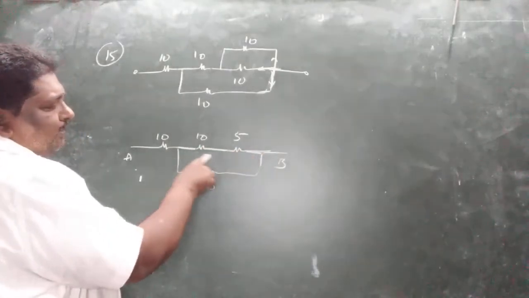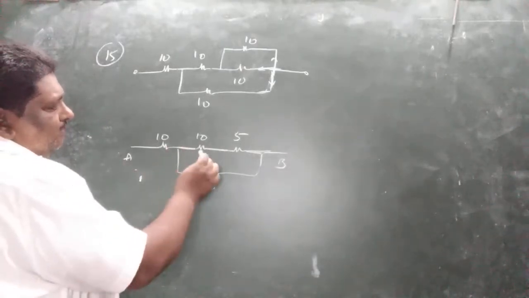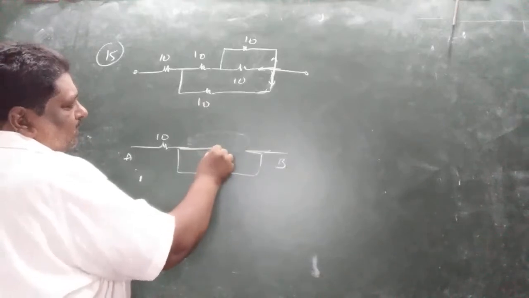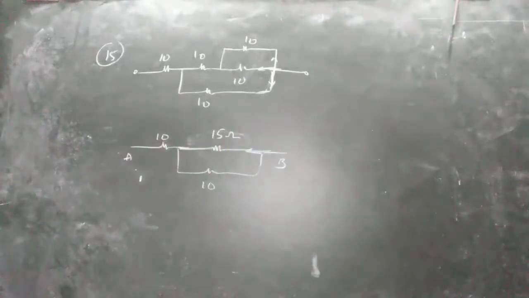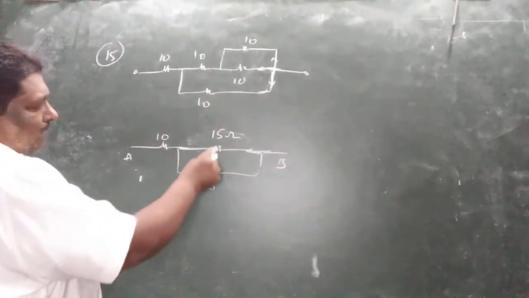See here, simplest way, current passes here to here, same. That's why same current passes, this is called series circuit. 10 and 5 in series, 15. So these two are replaced with a single resistor, 15 ohm. Now these two are again in parallel.